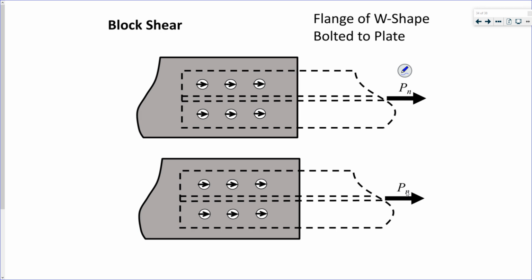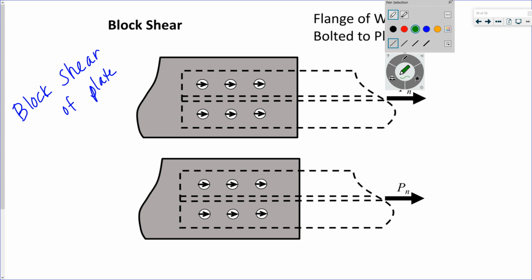Now what if I look at the plate itself? I want you to look at it and think about, are there multiple ways for this to have block shear? Because the answer is yes. If it's just looking at an actual plate, it could fail.